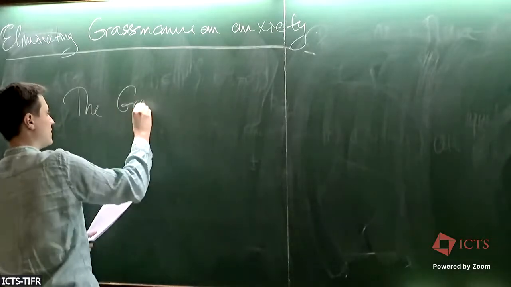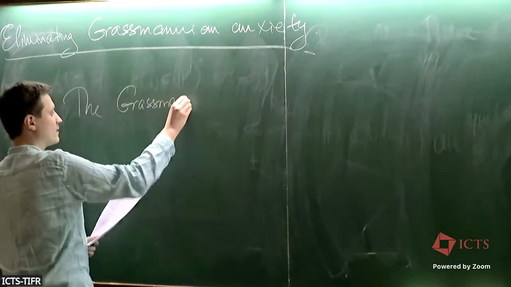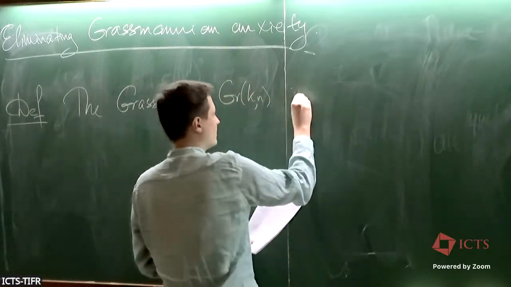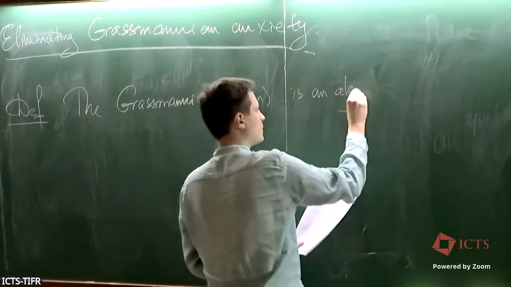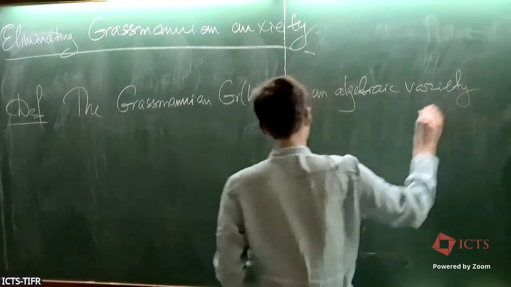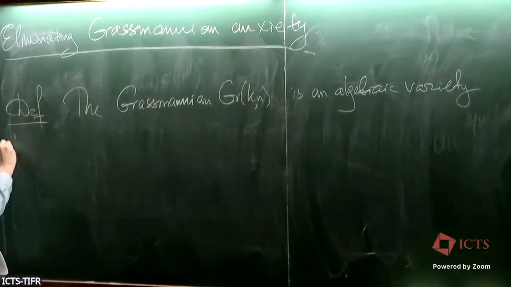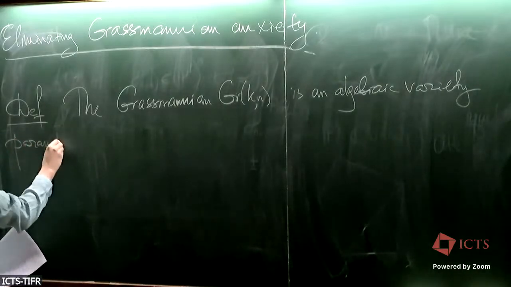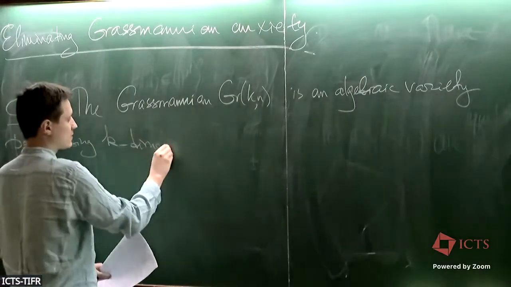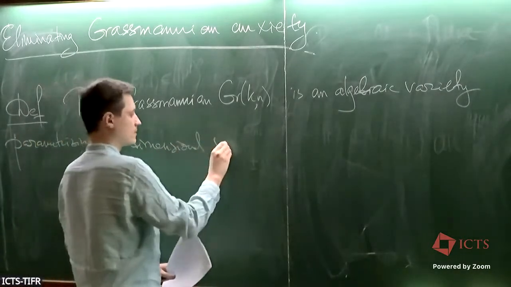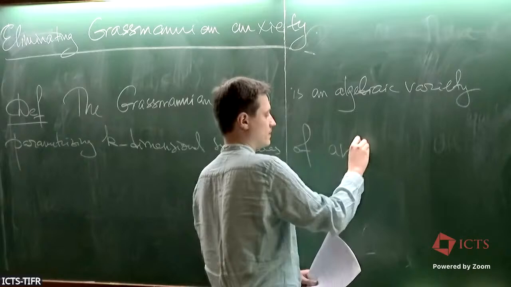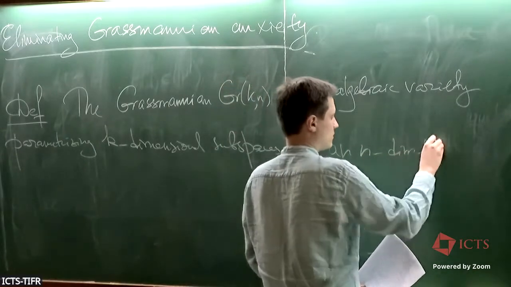The Grassmannian Gr(k,n) is an algebraic variety parameterizing k-dimensional subspaces of an n-dimensional vector space.